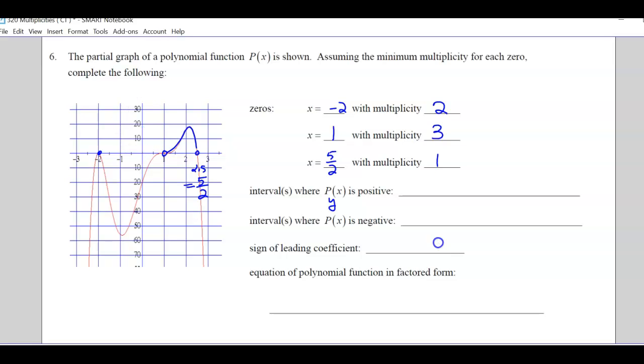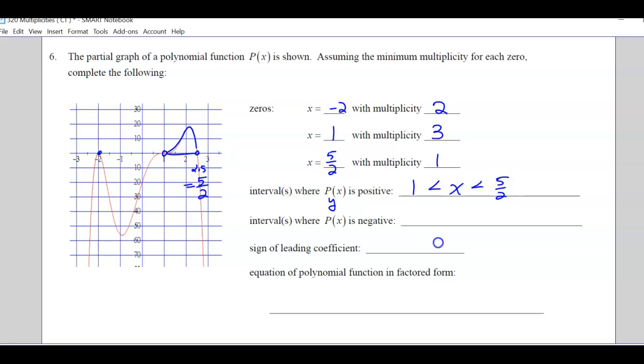So between 1 and 5 over 2. So, oh, not the domain, so we can just list it. So x between 1 and 5 over 2. So 1, 5 over 2, x like that.